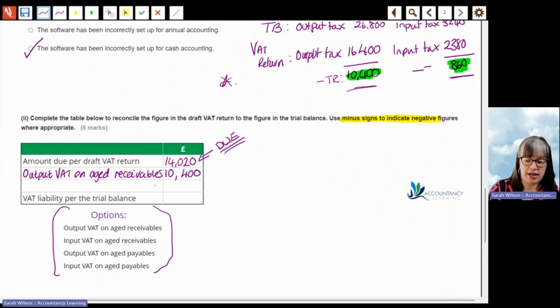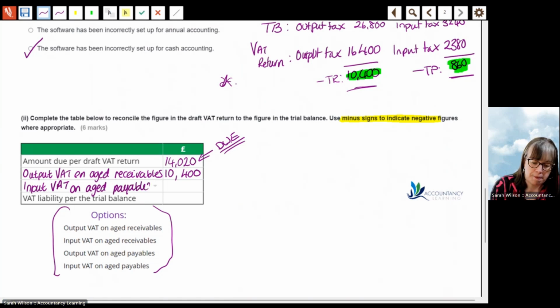Then in the same way, we now need to deal with our trade payables. So we've got our figure of 860. So payables is input. So it needs to be input VAT on aged payables, which is 860. But our input VAT is going to reduce what is due.